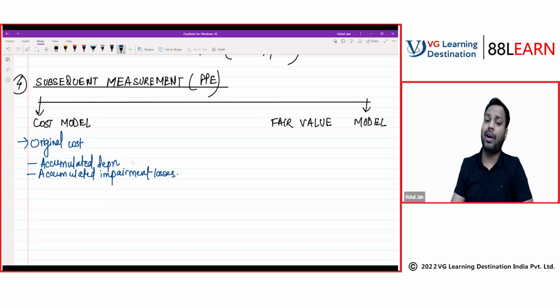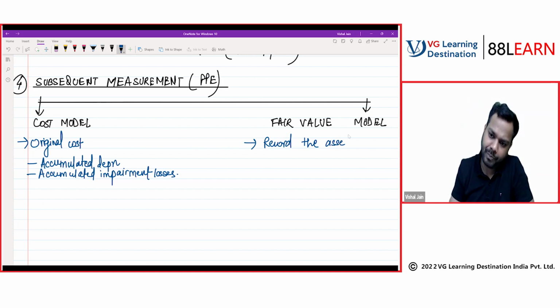Now comes the revaluation model. What do we do? In the revaluation model, we record the asset at its fair value.